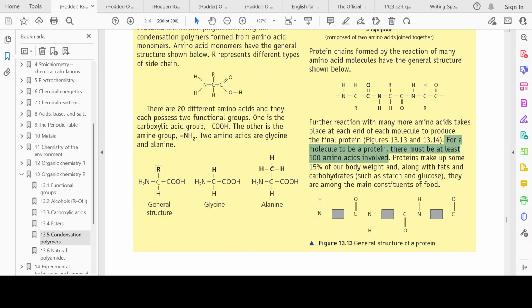And if you go to the largest, that is known as titin, which contains up to 34,350 amino acids in a single molecule.